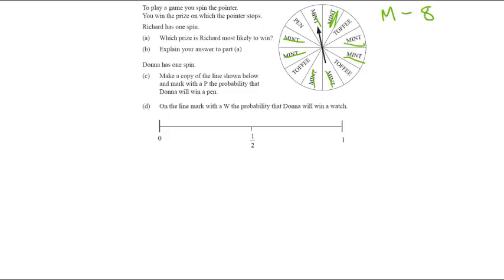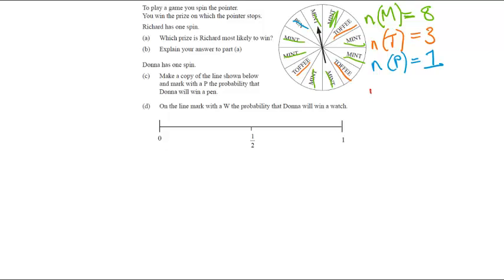Mint features 8 times, meaning that the number of favorable options for mint is equal to 8. Next up, we have toffee. 1, 2, 3. The number of favorable options for toffee is equal to 3. And lastly, a pen. Pen is 1 option. The number of options for a pen is equal to 1.